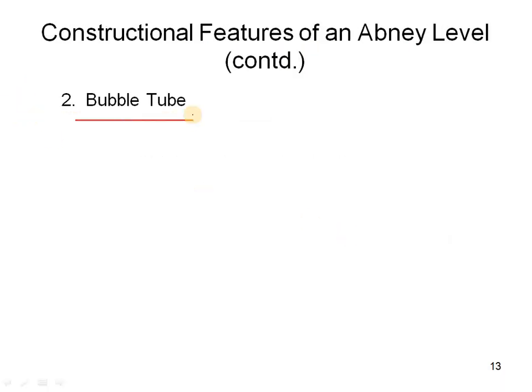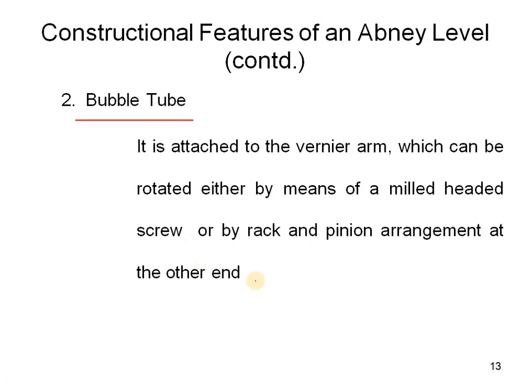Next one is bubble tube. This bubble tube we have seen in our dumpy level and auto level instruments. In above level also this bubble tube is very prominent and important.